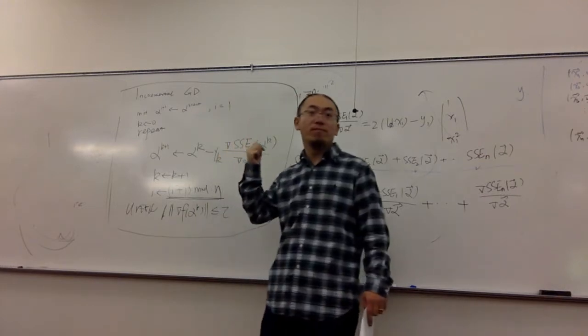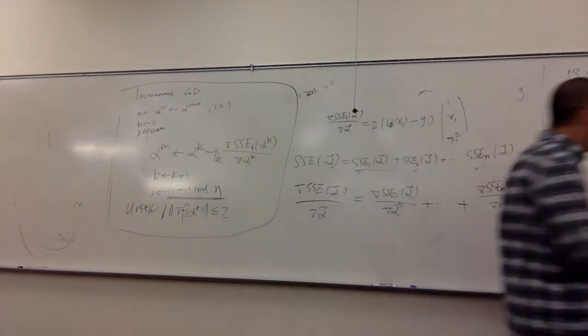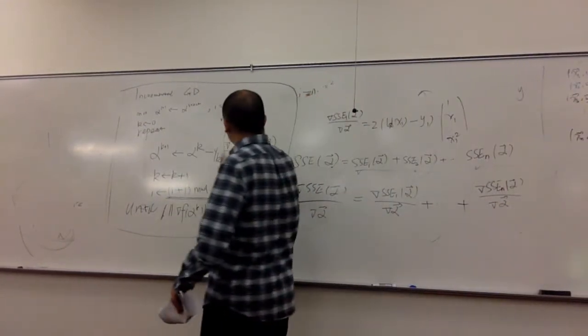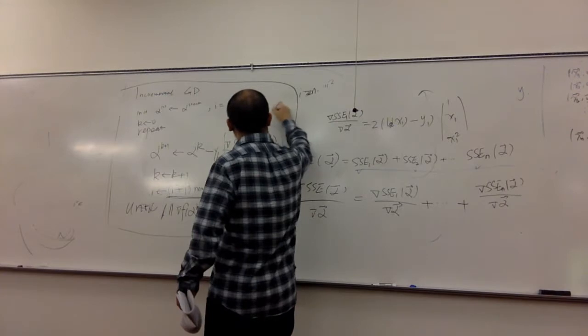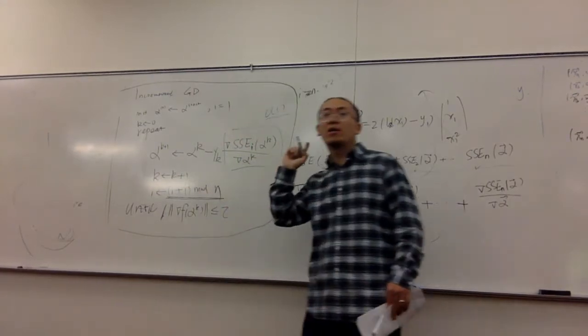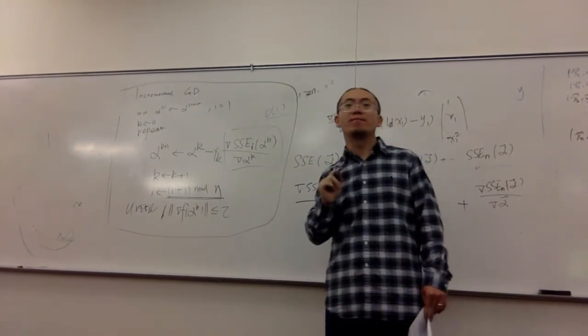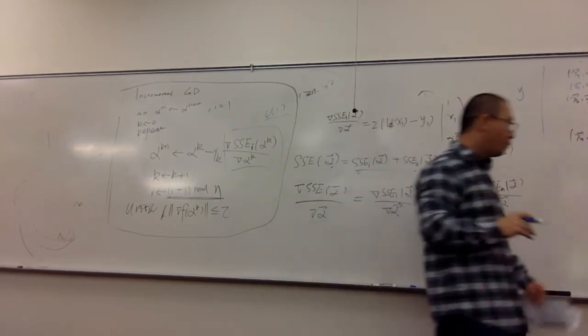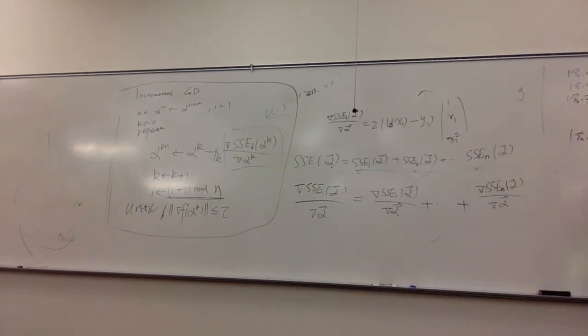O(1), right? Because we're going to compute the gradient with respect to one training instance.